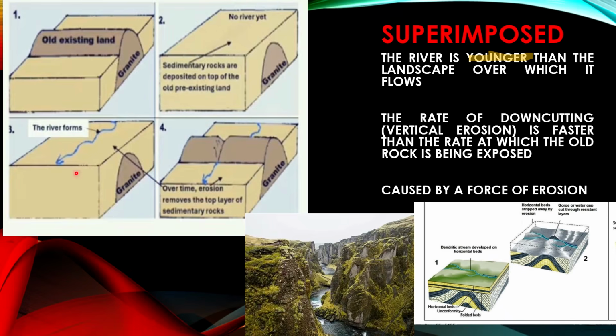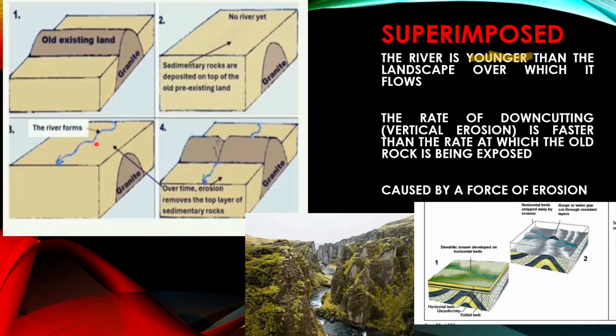These layers are removed by the river. The river erodes downwards, it downcuts, it erodes vertically, to remove the sedimentary rock layers above, and it cuts through the landform to form a gorge.